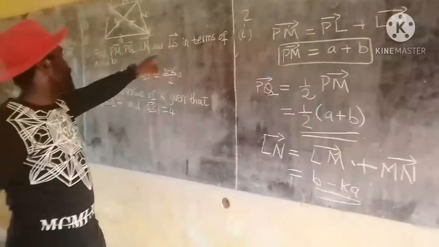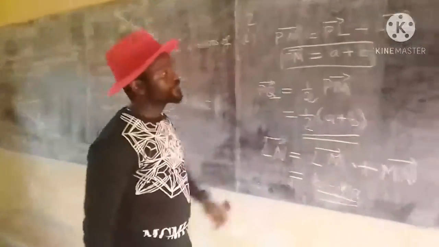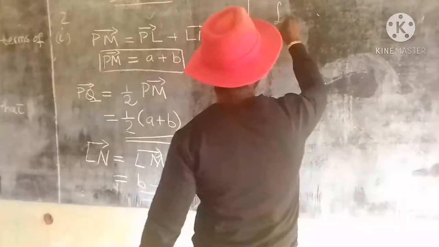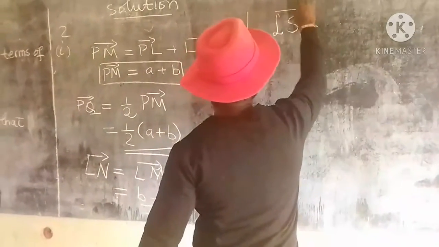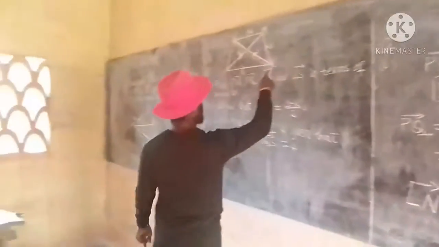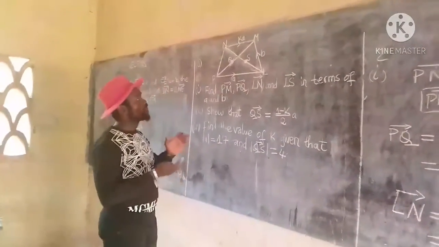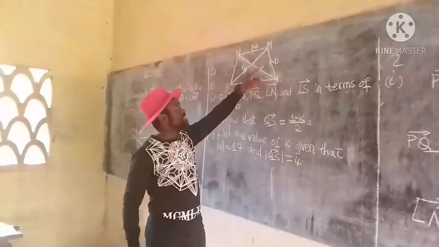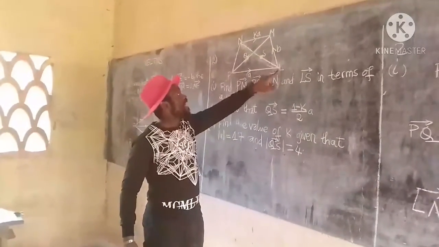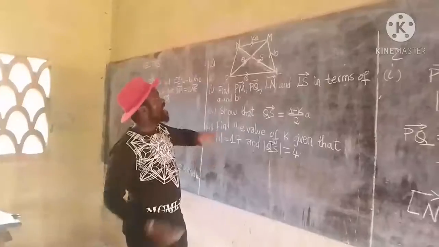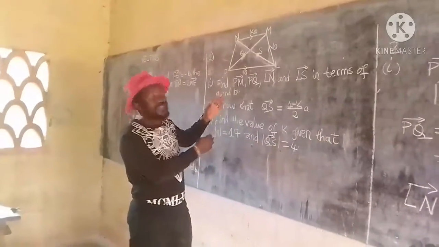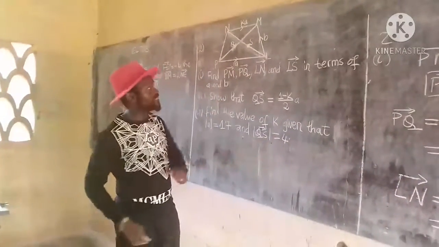Next, we have to look for LS. The location of LS. We have LS. Now, you will notice that LS is half of what? LN. But have we got LN? Yes. We have just calculated.